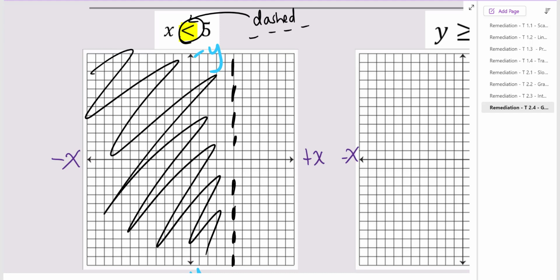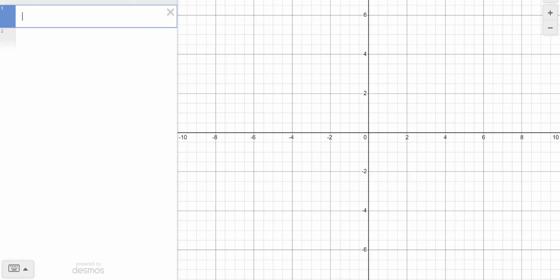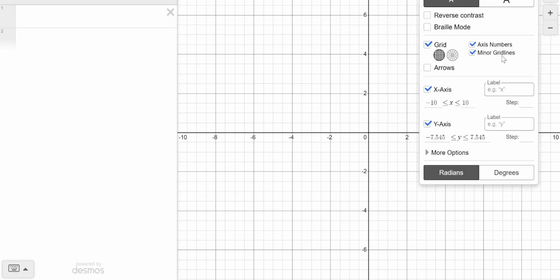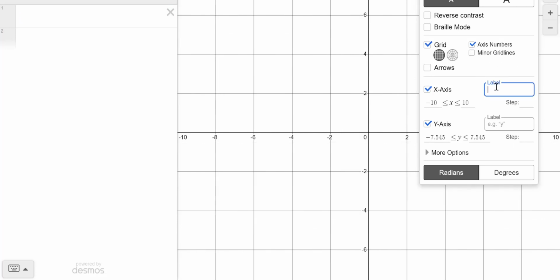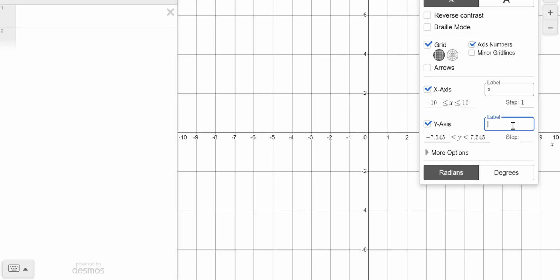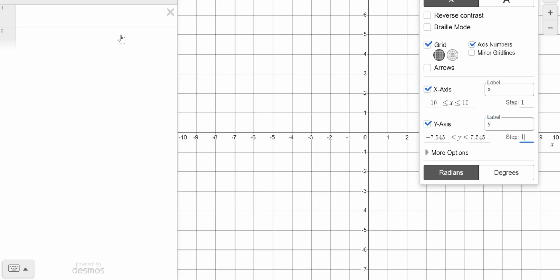Or you can try graphing this in Desmos. O podemos dibujar este en Desmos y chequear. So open Desmos. Don't forget to change your settings. No olvides que necesitas cambiar tus ajustes. So no minor grid lines, x, 1, y, 1.